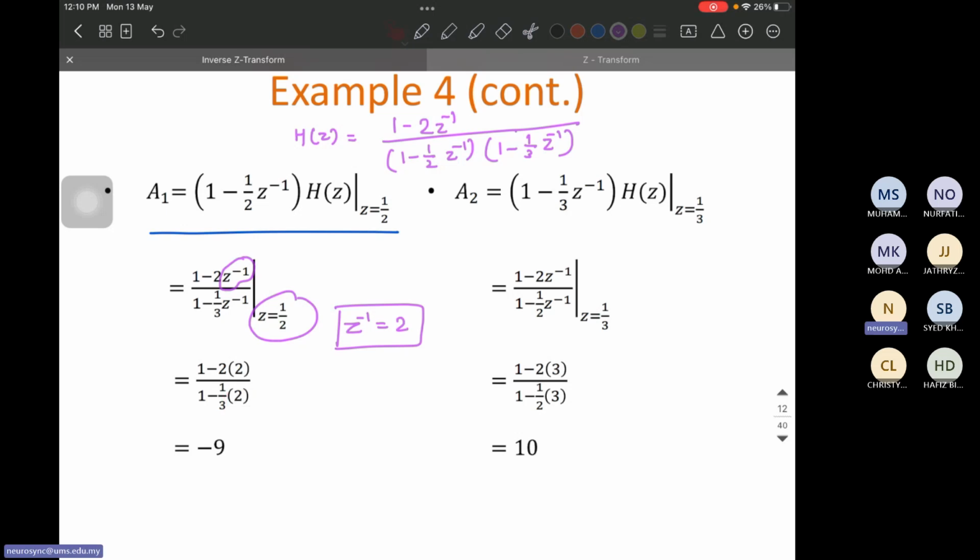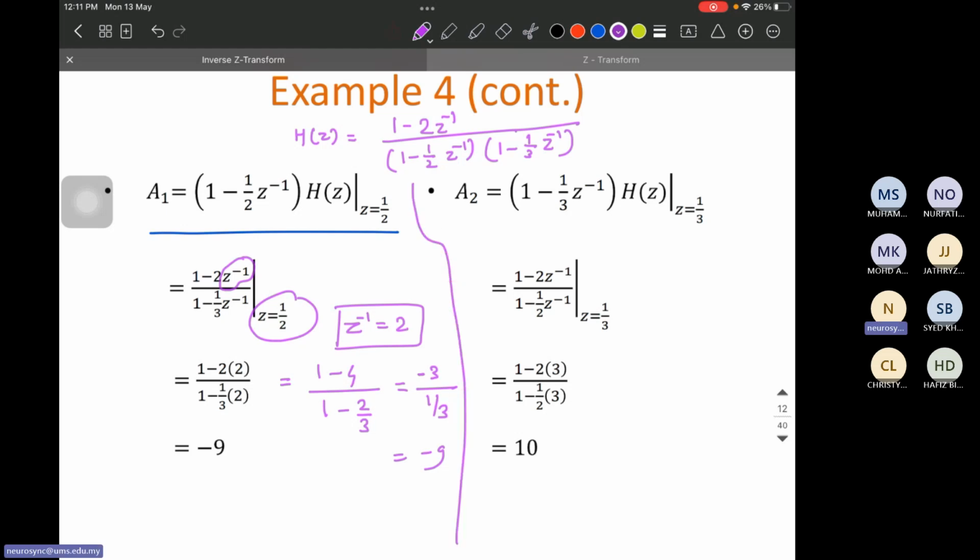Okay. So this is what? This is 1 minus 4 divided by 1 minus 2 by 3. This is minus 3 divided by 1 by 3. Do not forget this minus sign here. So which is equal to minus 9.